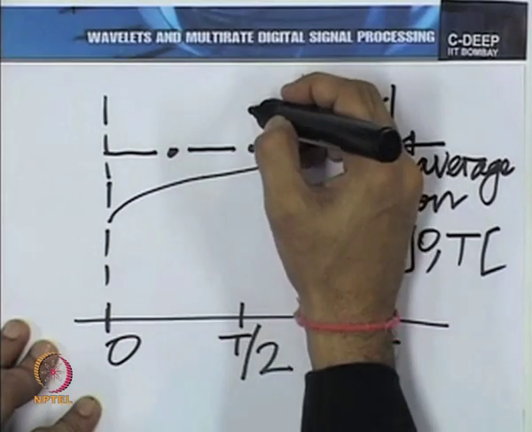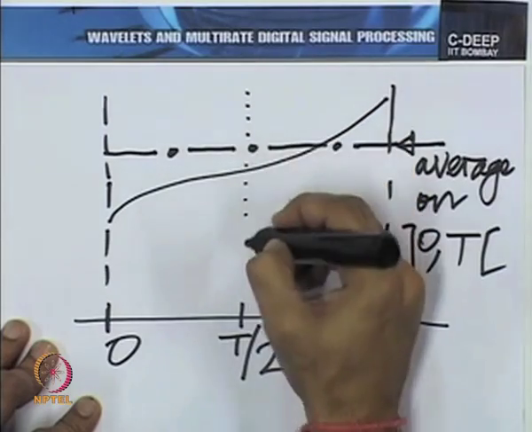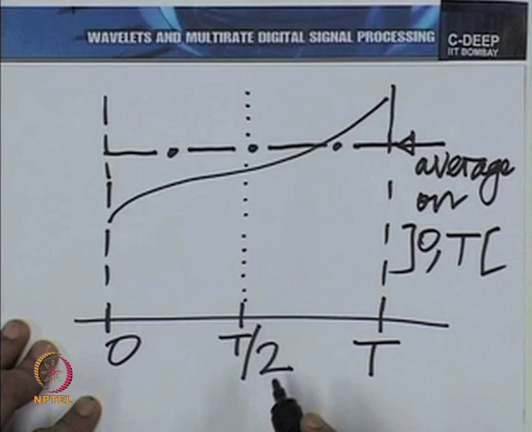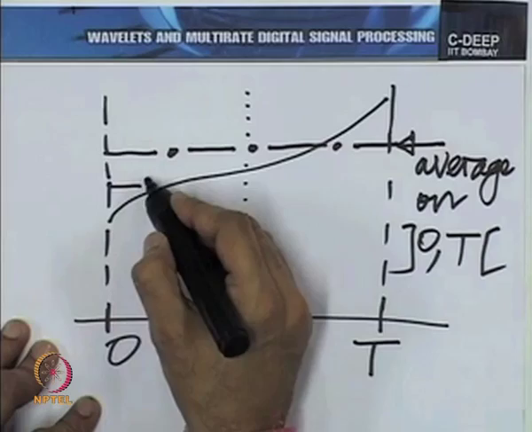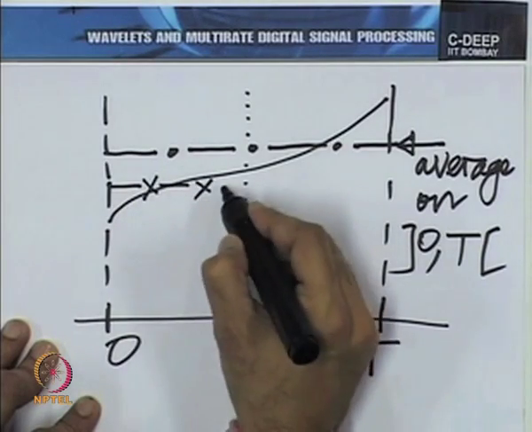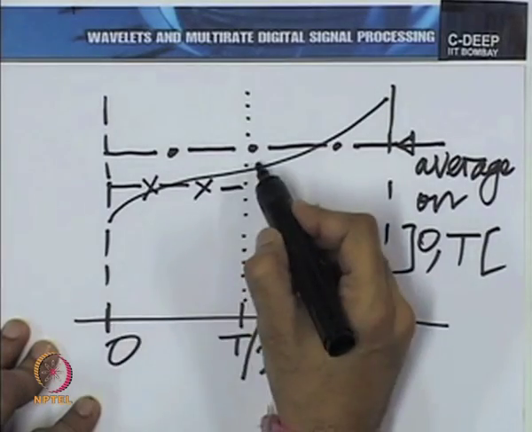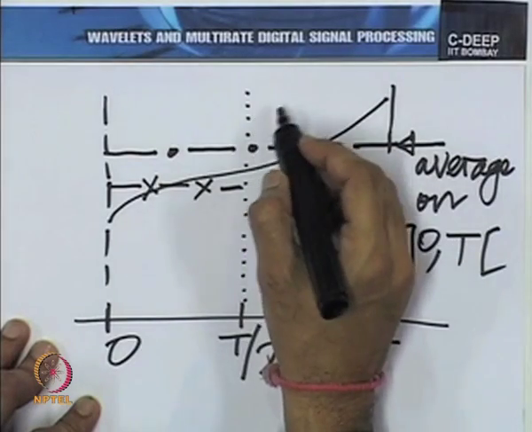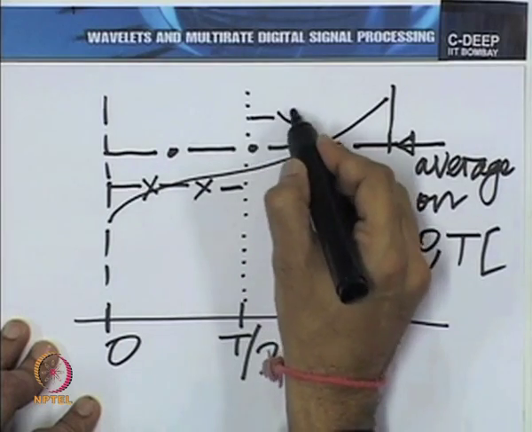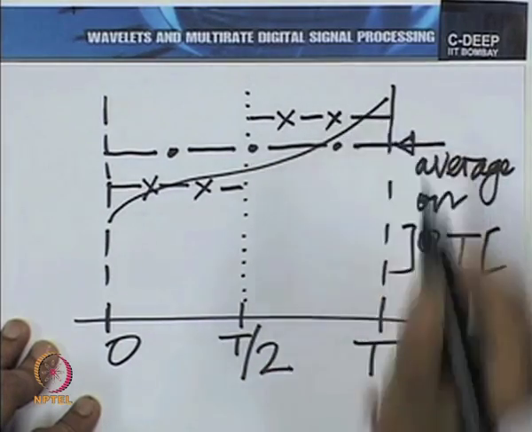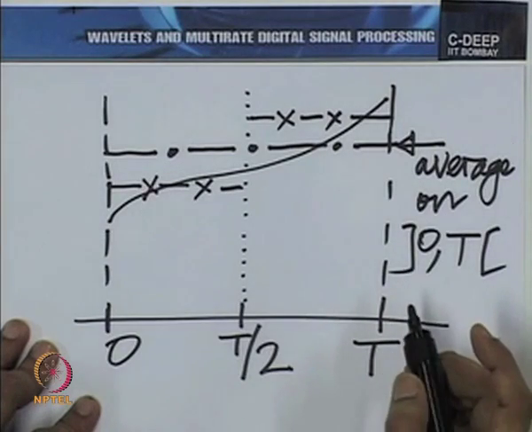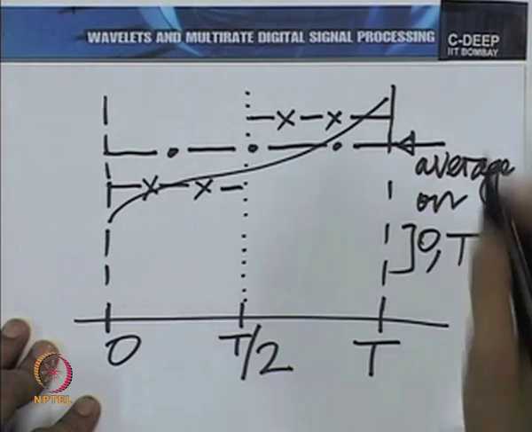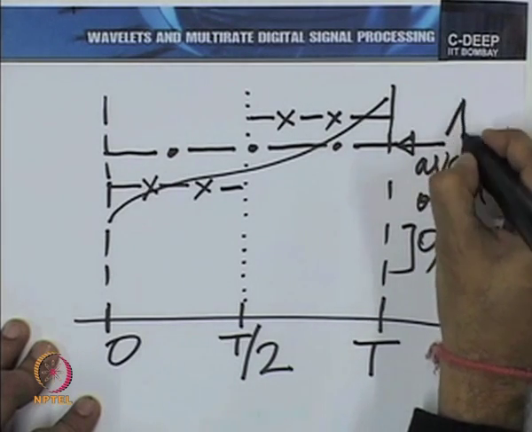Now, I take the subintervals of size t by 2. So, I have this subinterval of size t by 2. I use a dash and cross to write down the average there. You can visualize that in this subinterval the average would be somewhere here, and similarly in this subinterval you could write down an average something like this. Now, let us give this a name. Let us call this average A on t.